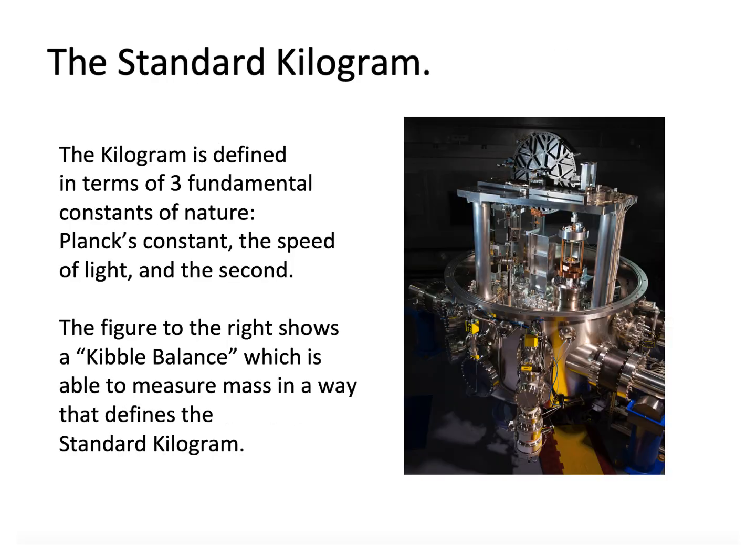For a long time, we've been trying to replace these fundamental units, the standard by which we define them, in terms of fundamental aspects of nature rather than things that are changeable. And so nowadays, the standard kilogram is actually defined in terms of something called Planck's constant, along with the speed of light and the definition of the second, which we've already talked about.